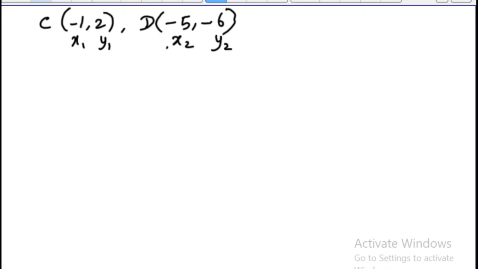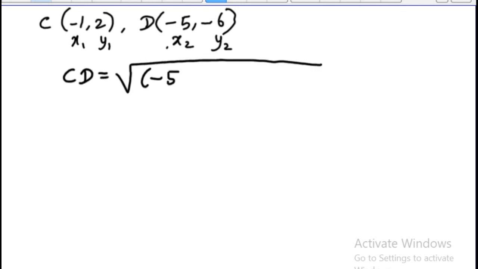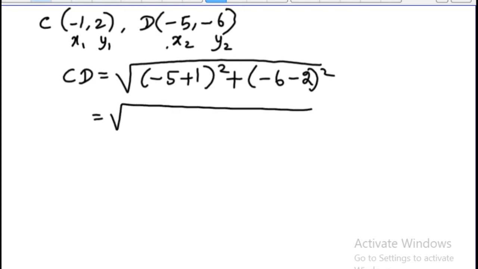So CD is equal to square root of x2 minus x1: minus 5 minus x1, which is minus 1, so it becomes plus 1 whole square, plus y2 is minus 6 minus y1 which is 2 whole square. Therefore you will get minus 5 plus 1, you will get minus 4.